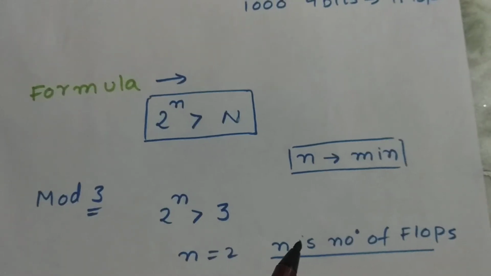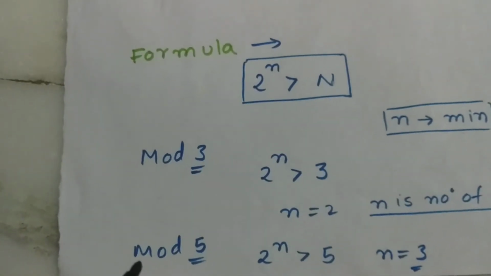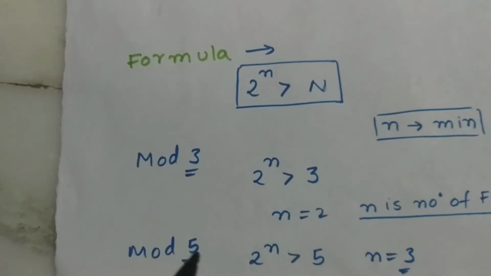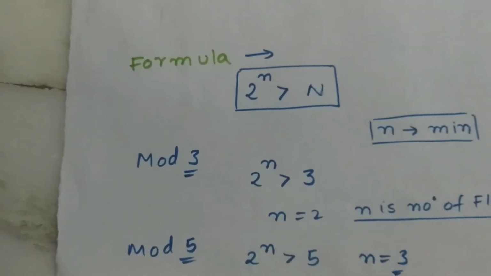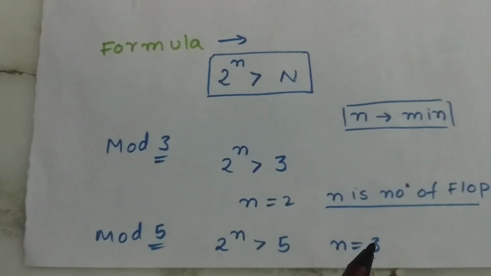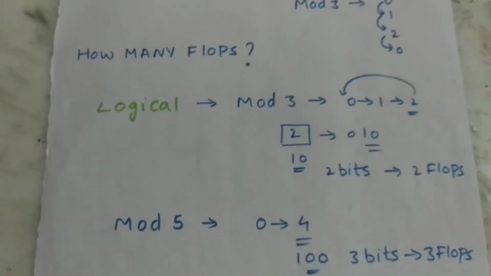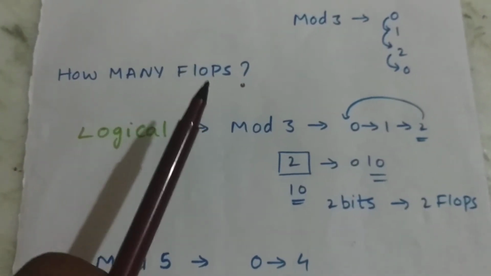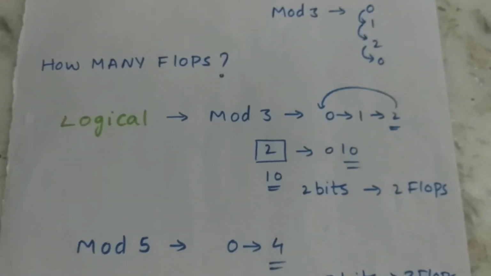So the number of flops is 2. Similarly for mod 5, 2 power n greater than 5. What is the minimum value of n? n equals 3. So 3 flops are required for mod 5. This is a small approach to know how many flops are required. So we have known how many flops are required.